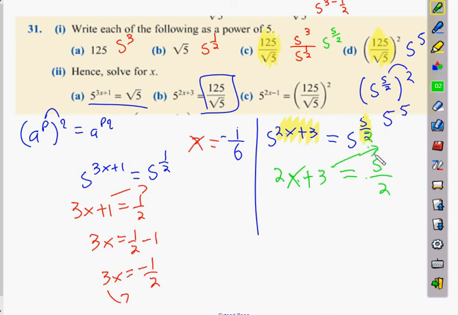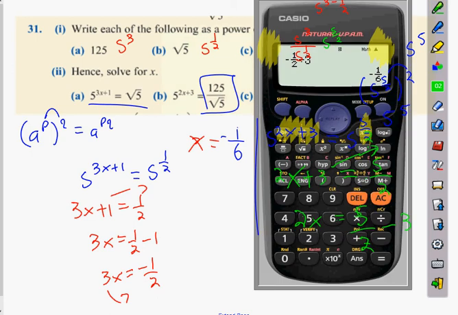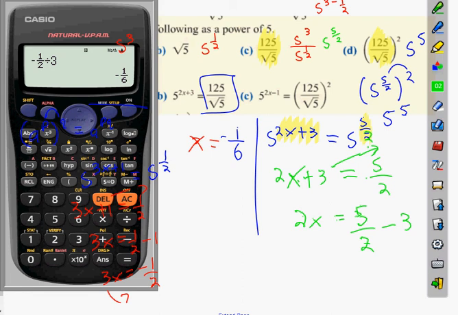Once you bring over 3, 2x equals 5 over 2 minus 3. So what's 5 over 2 minus 3 in the calculator? Minus a half.